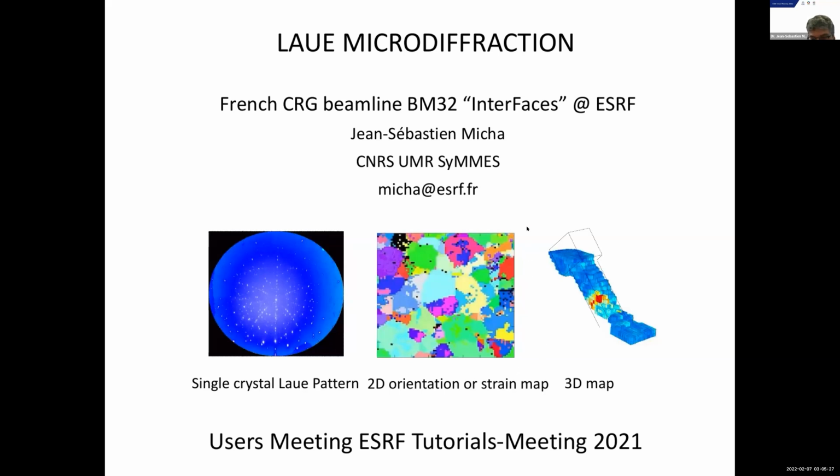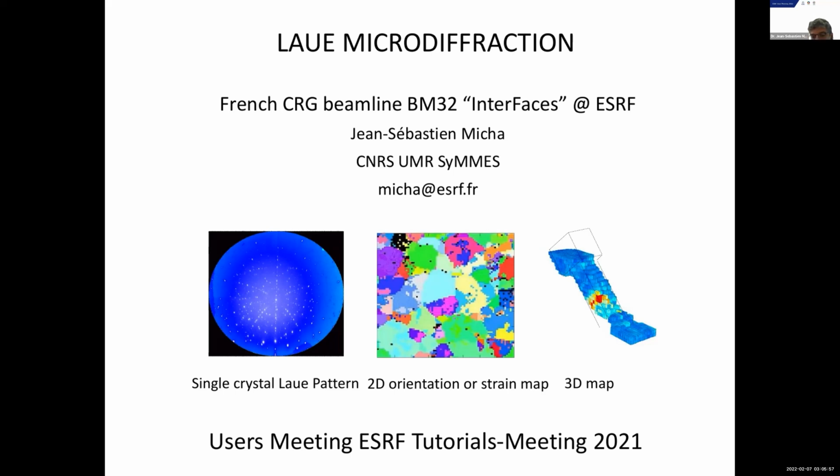So this is a two-dimensional map, and this is really the standard measurement we can do really fast. And if you have time for your proposal, your experiment, your studies, you can also perform a 3D map of the sample with an additional technique that gives you depth resolution inside the sample.